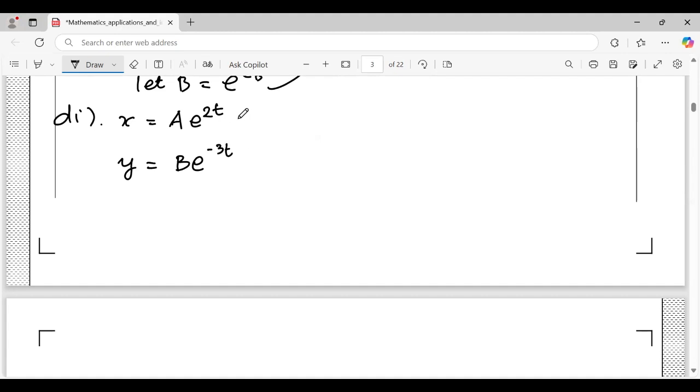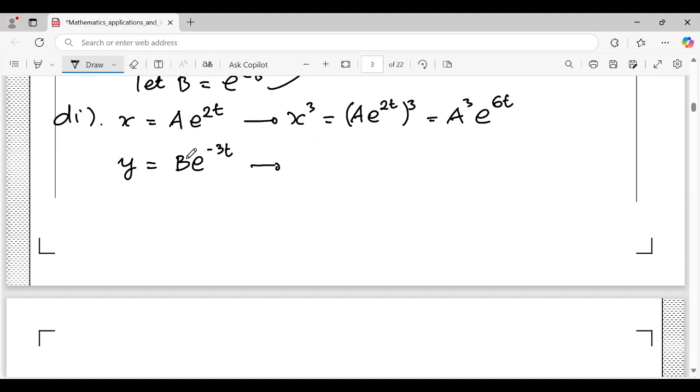According to this information, x becomes x cubed, so we need this term to become a e to the power 2t, cubed, which is a cubed e to the power 6t, because 3 times 2.